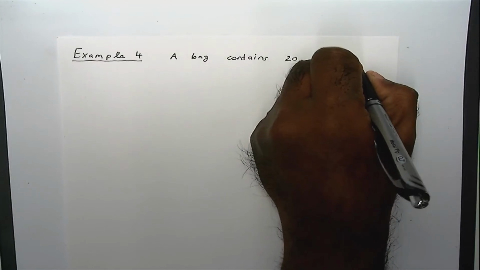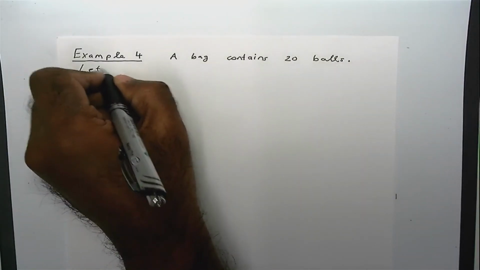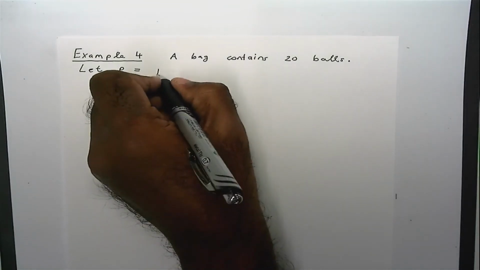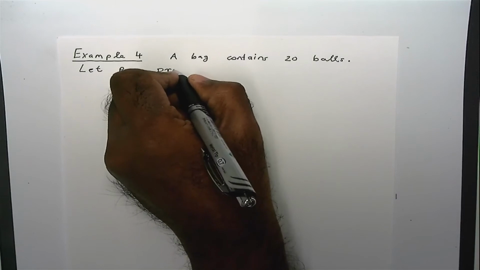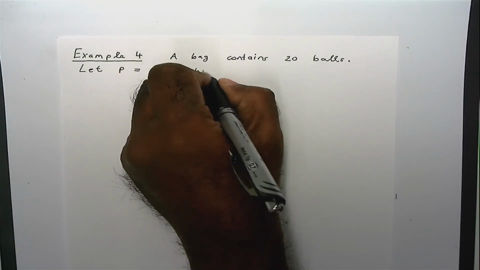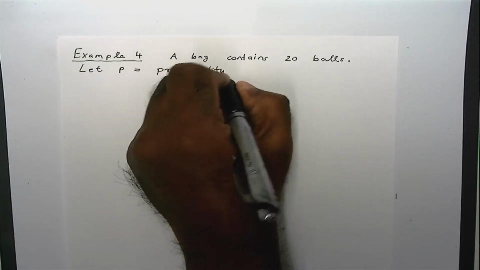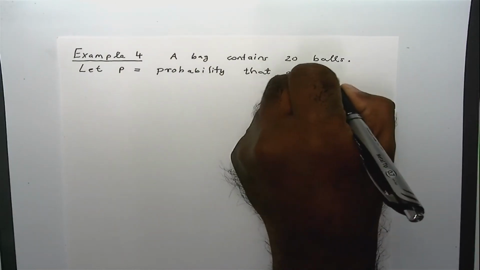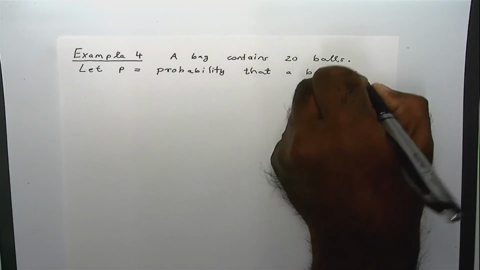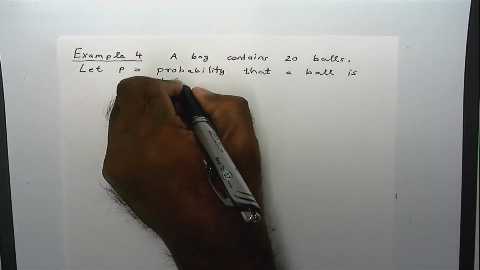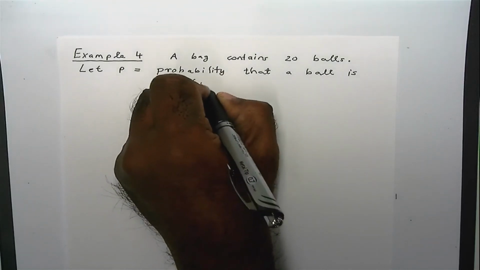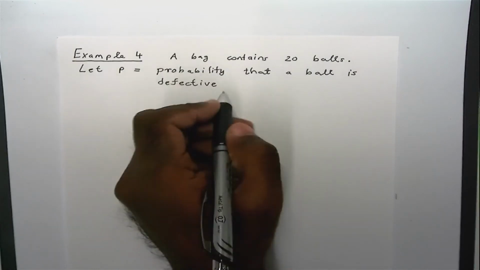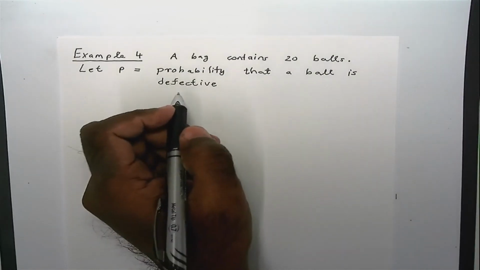Let P denote the probability that a ball that you choose from the bag is defective.